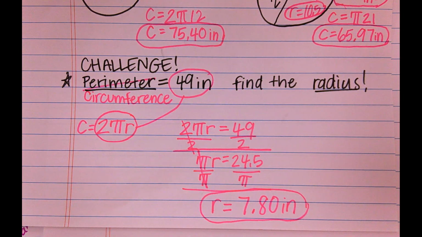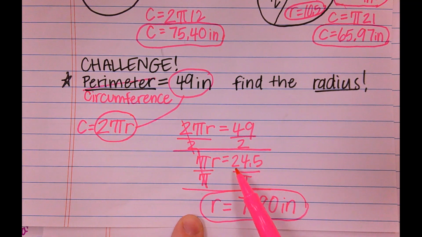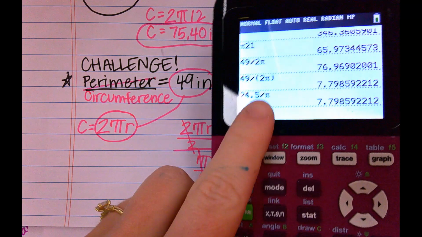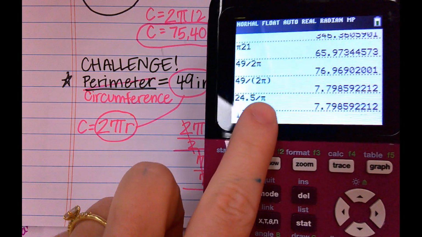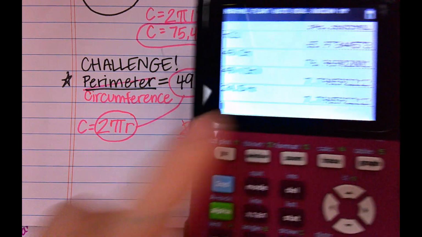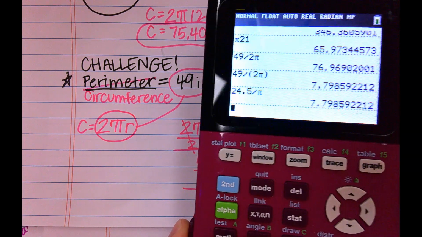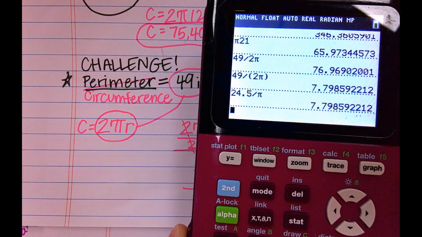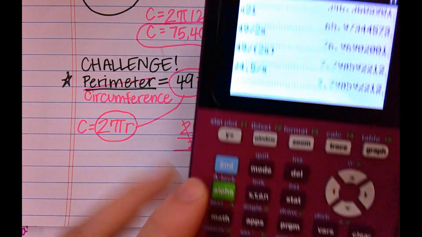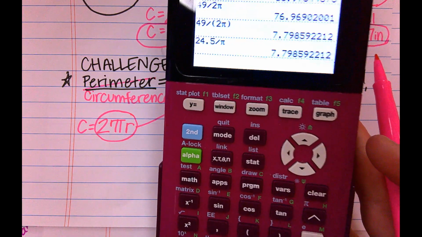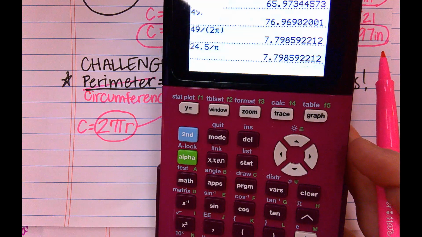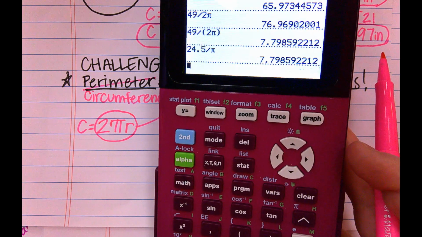How do you get the 7.8? We did 24.5 divided by pi. So when I type that in, 24.5 divided by pi, you should get this on your calculator. After you divide, so it's 24.5 divided by second up arrow to get your pi.